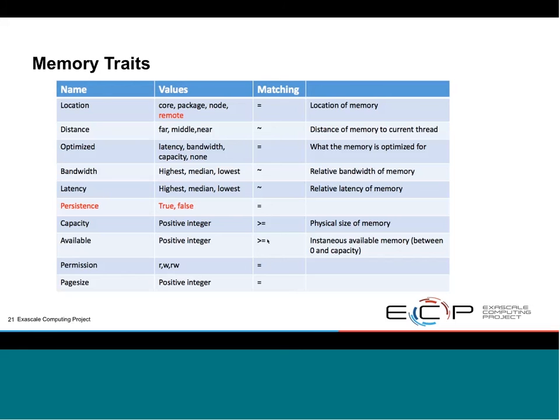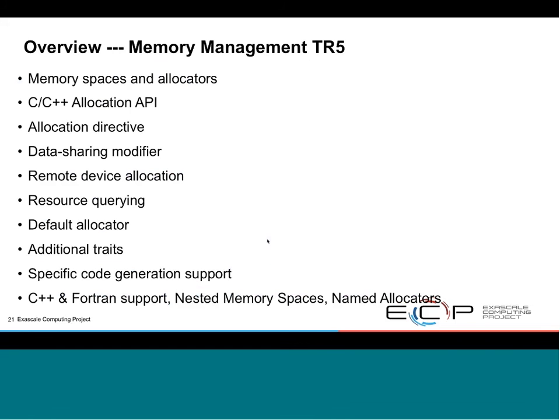One thing that is part of this TR is that it touches different aspects of OpenMP, including the different ways we do data location and data sharing, device allocations, and how we query for resources available in the architecture, in the system.